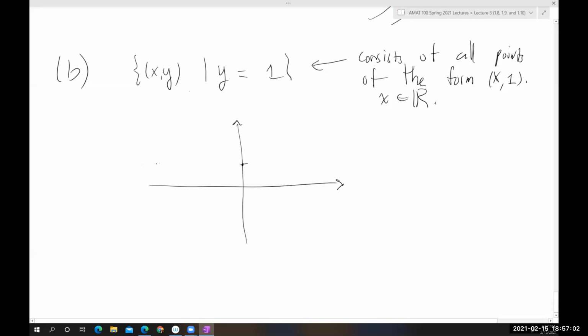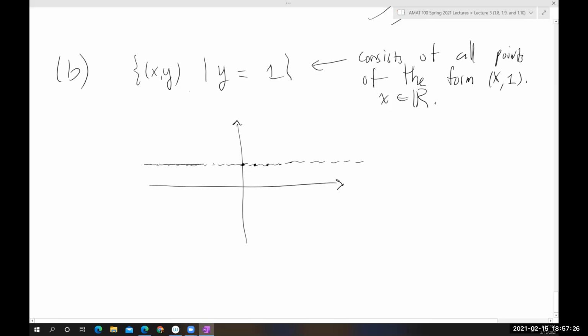So if you draw this line through that point, you notice that anywhere along this line right here, your y coordinate is still 1. Your x coordinate is changing because you're moving parallel to the x-axis, but the y coordinate is not changing.